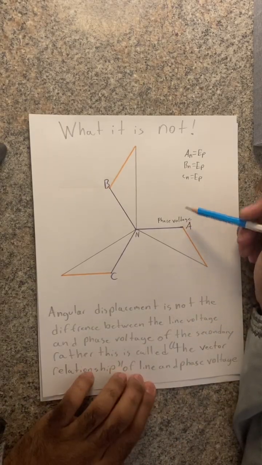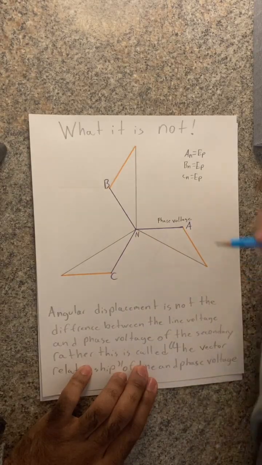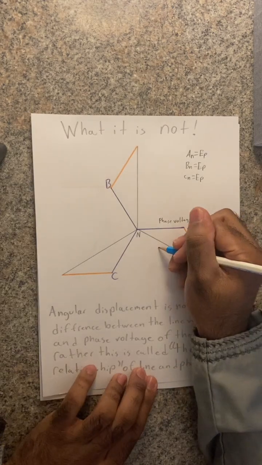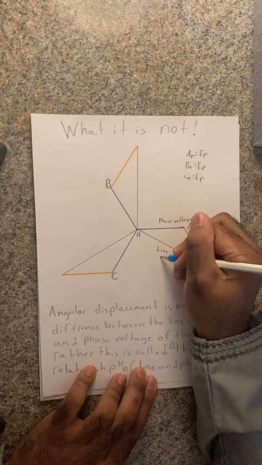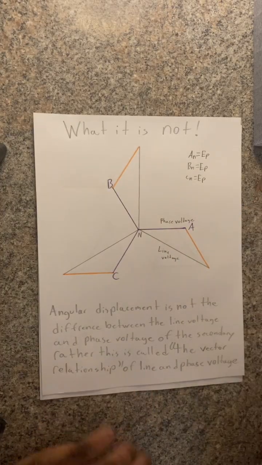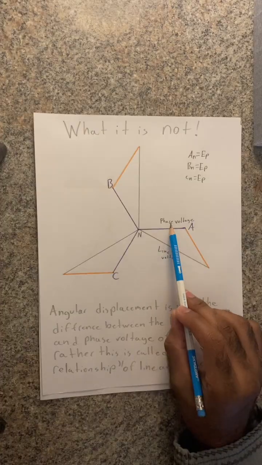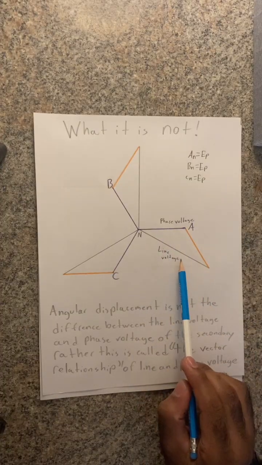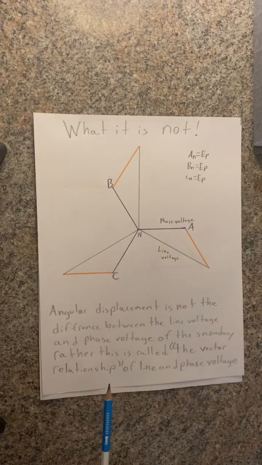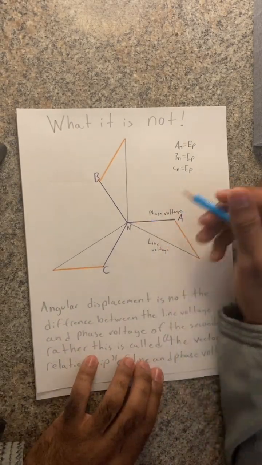So, with that being said, we have our phase voltage and we have what we call the line voltage. This is considered our line voltage. Line voltage and phase voltage. The line voltage, we know, is the phase voltage multiplied by the square root of 3. How is that?